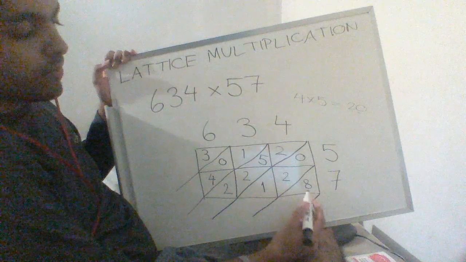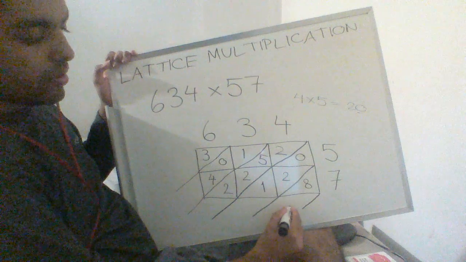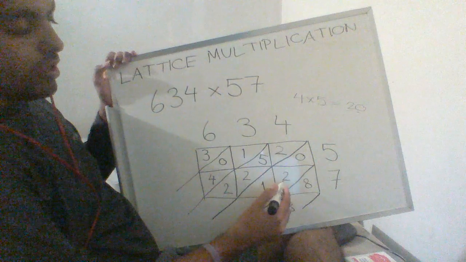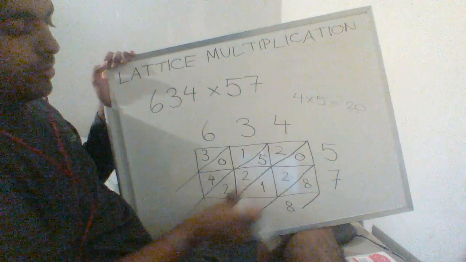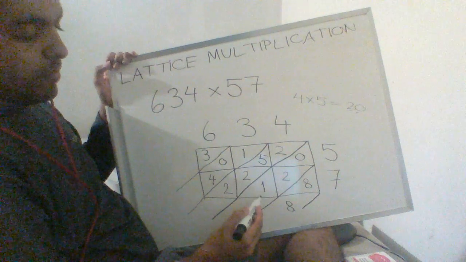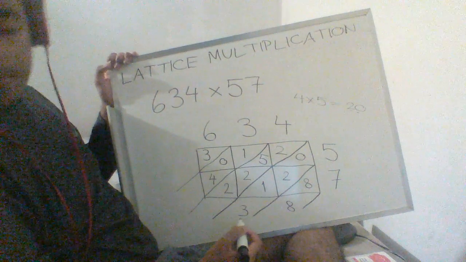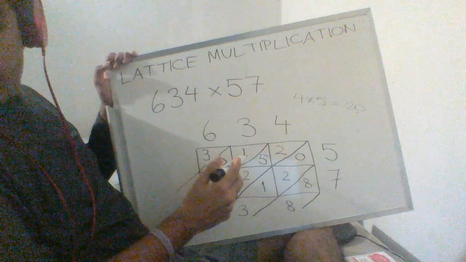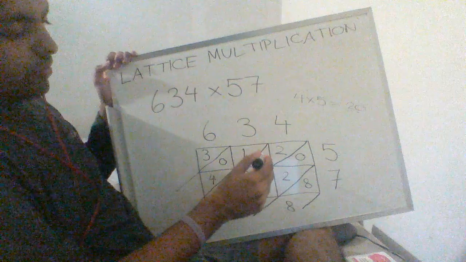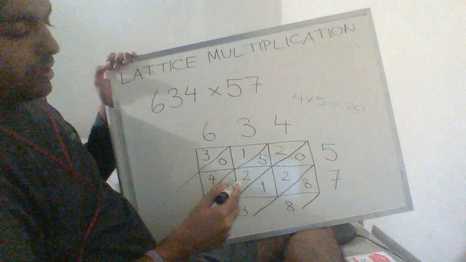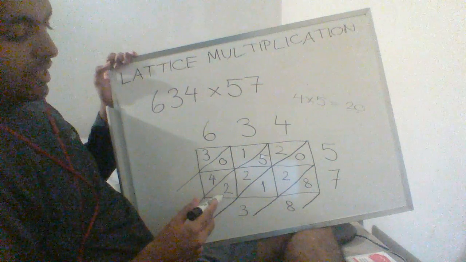So this 8 right here is sitting by itself, so we can just put that down here. Now along this diagonal, we've got 2 plus 1, so that's 3, so we put that there. Alright, now here we've got 5 plus 2, which is 7, plus 2, which is 9, plus 2, which is 11.